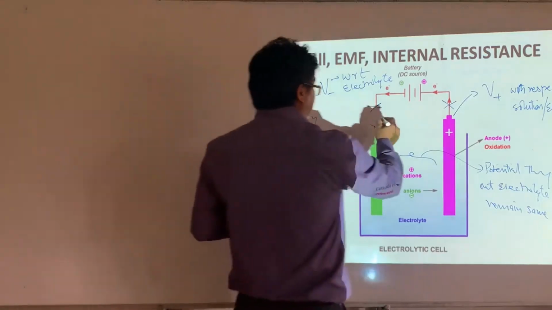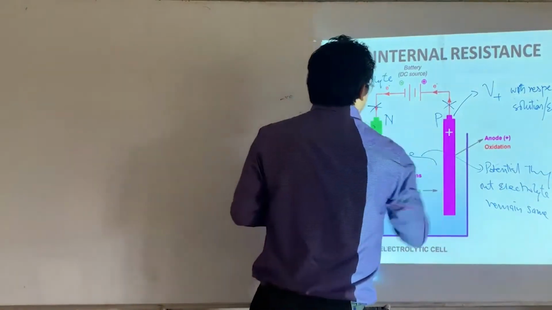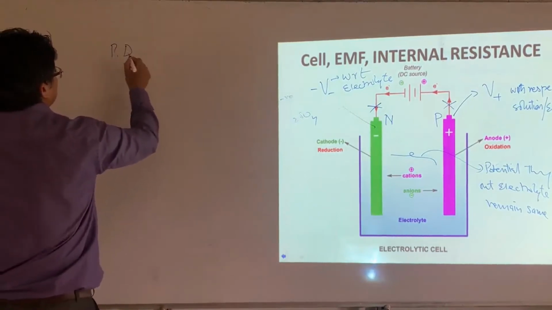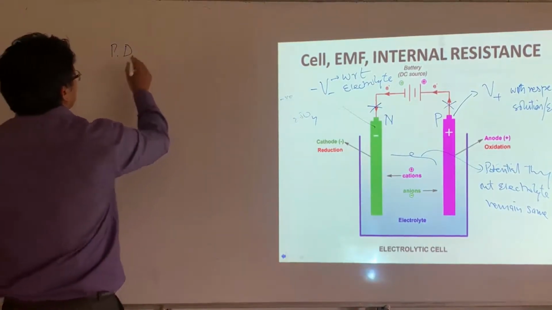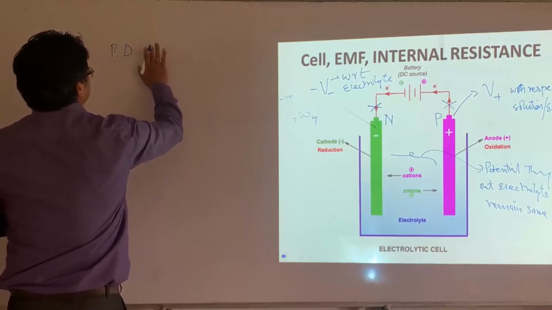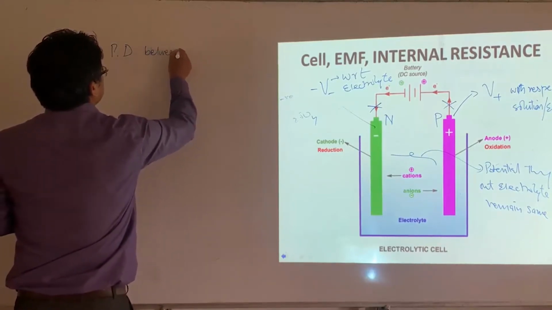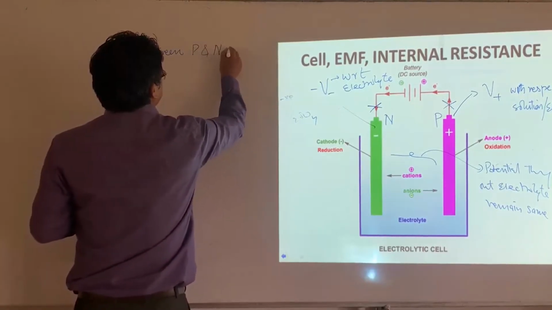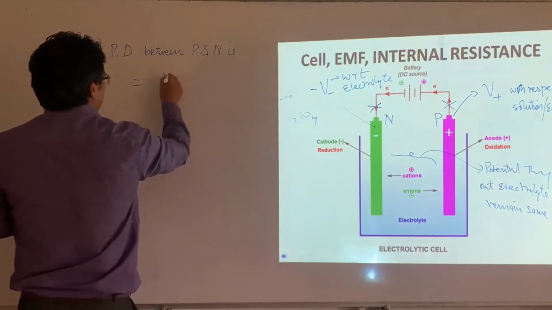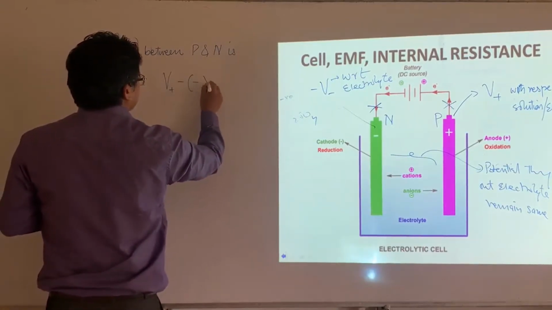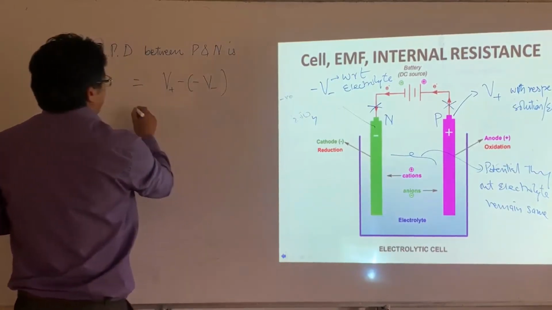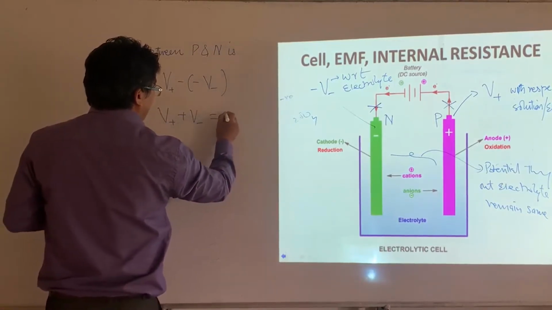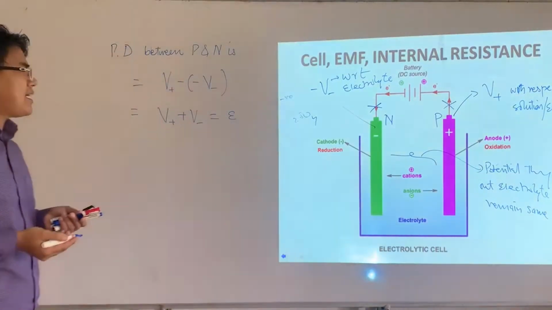This is what I call N. This is what I call P. The potential difference between P and N is given by V plus minus V minus, and this is what we call the EMF.